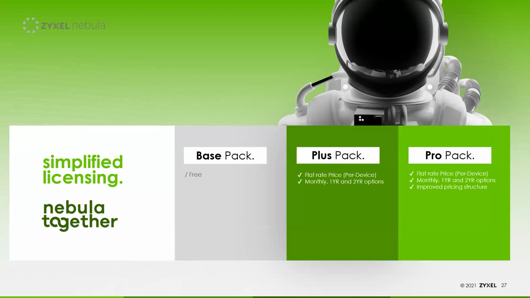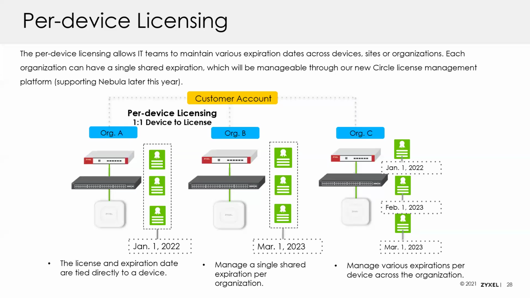Now, the way we do the licenses, let's say you want to use Pro Pack or Plus Pack, but let's just say Pro. It's done on an organization basis. Again, each of your customers you will have set up as their own organization in the Nebula interface. So if you want to upgrade one of your customers to Pro Pack, you will go to their organization and add Pro Pack licenses for every Nebula-compatible device that they have.